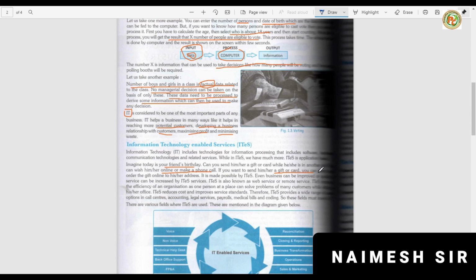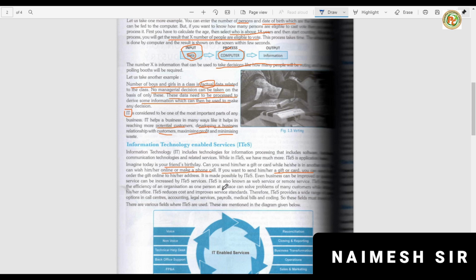So for that, what we can do is make an online order from Flipkart or any other application. Then we'll enter the address of that particular person, and then we'll send it to him or her. So it is made possible by ITeS, because even business can be improved by ITeS.